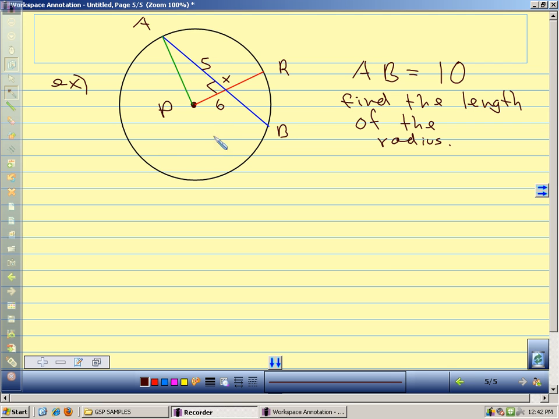So that length is 5. This is my radius. So now I can use the Pythagorean theorem. R squared equals 6 squared plus 5 squared. The radius is the hypotenuse of that triangle. So R squared equals 36 plus 25, R squared equals 61, and R equals the square root of 61, which is about 7.81 units.